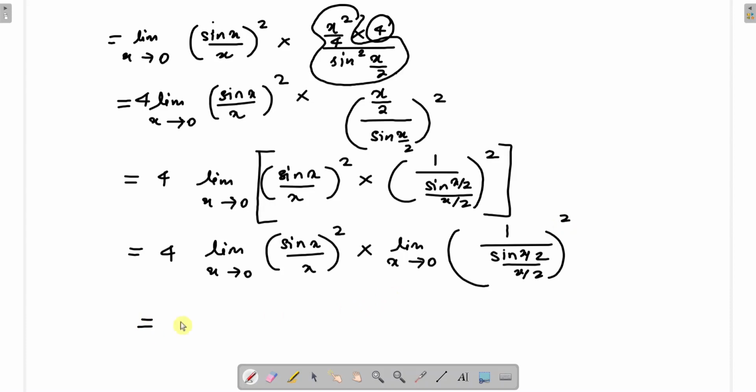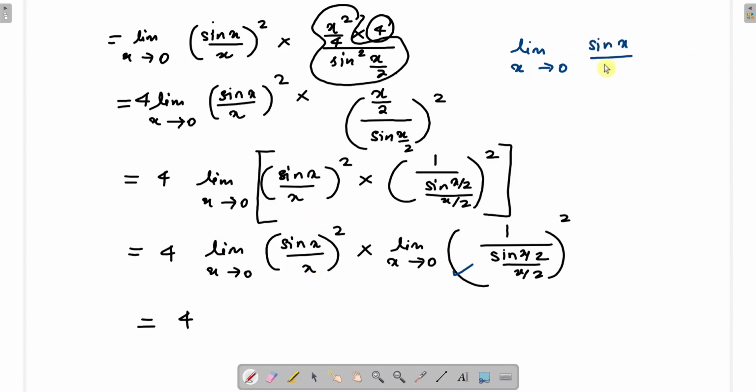So this will be now equal to 4 times the limit. Let us see what this limit is. I'll do it here because I want to tell what method you have to use for this, and that will be similar to the method which we use for calculating this limit, which I am calculating here.